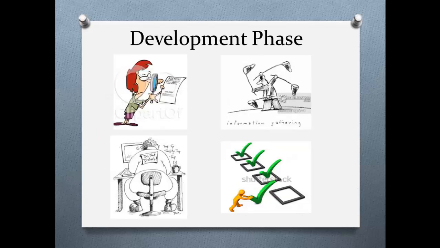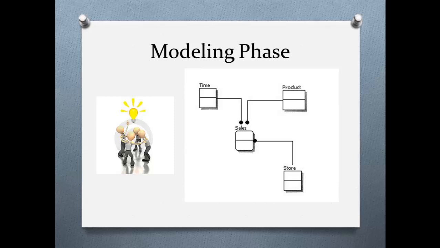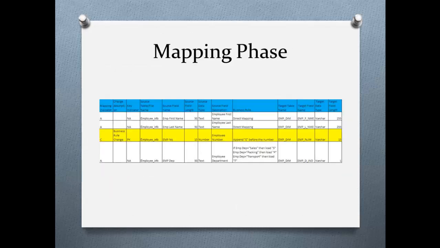So now that we have a mapping document, it's moved to the development phase. Okay, I'm sorry. Every phase, once it's moving to the next stage, will get a sign off from each department head.